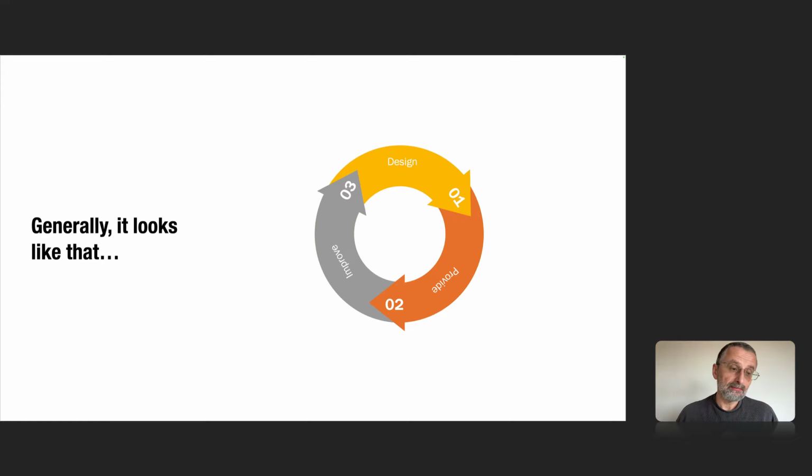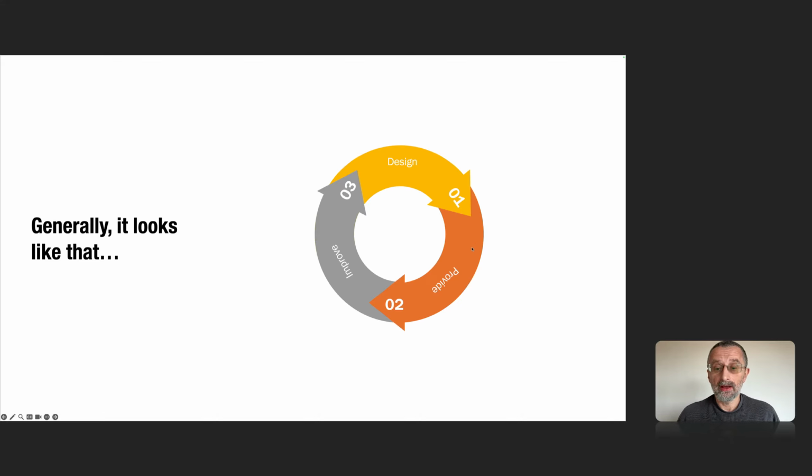Okay, generally it looks like this. You have some requests from the users. Your professional advisors, your consultants, your consumers, all of them tell you, okay, the previous model is good, but, and they have a lot of different ideas for improvement. Those ideas are collected in the needs analysis stage, in the design stage, and your designers create the first proof of concept of the next version.